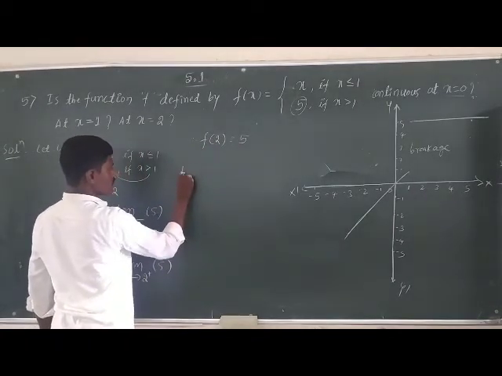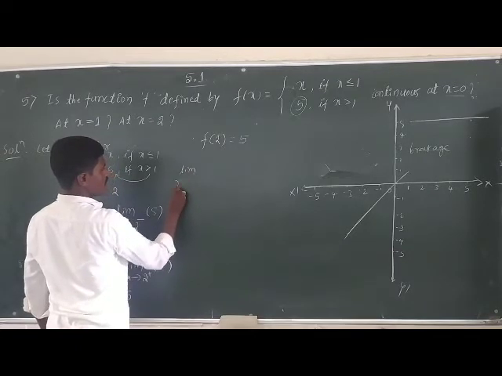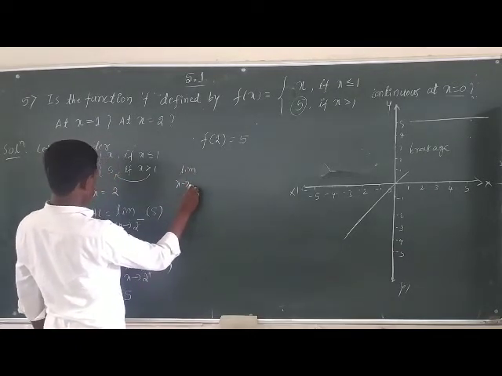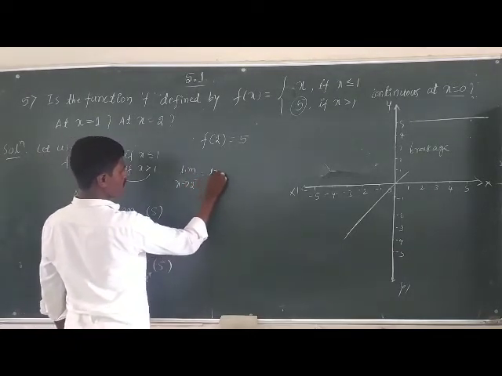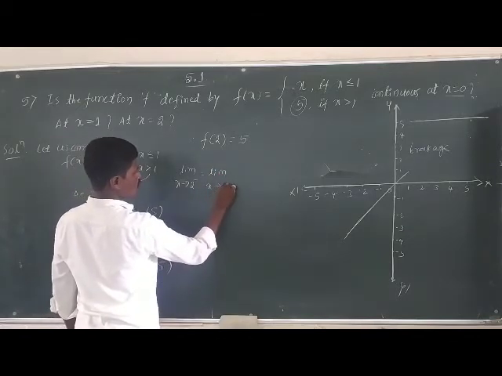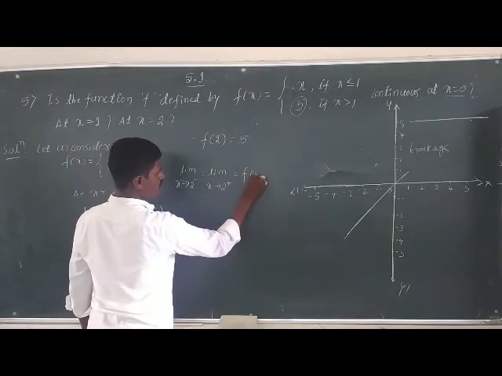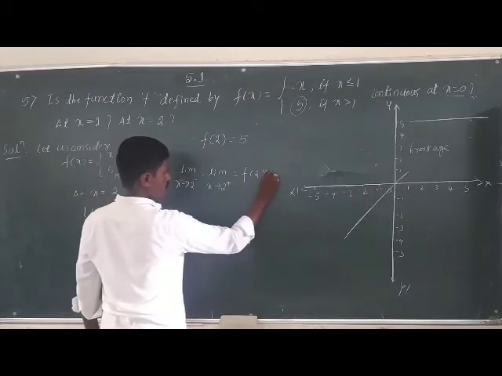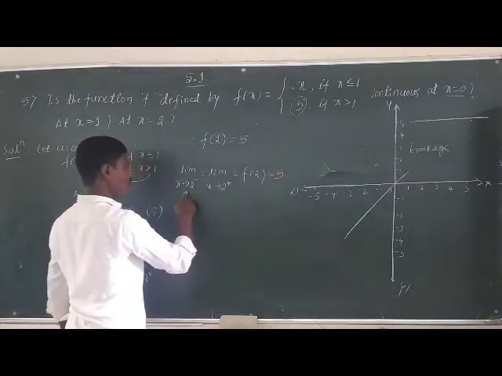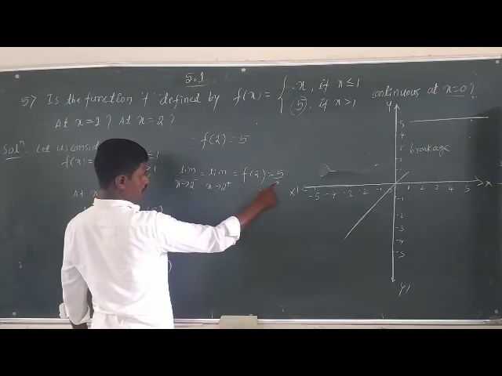Therefore, the limit as x tends to 2 minus is equal to the limit as x tends to 2 plus, which is equal to f of 2, which is equal to 5, because all three terms are the same.